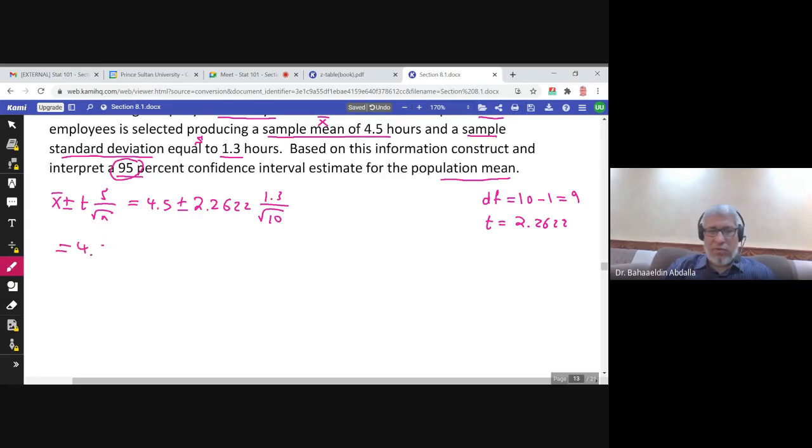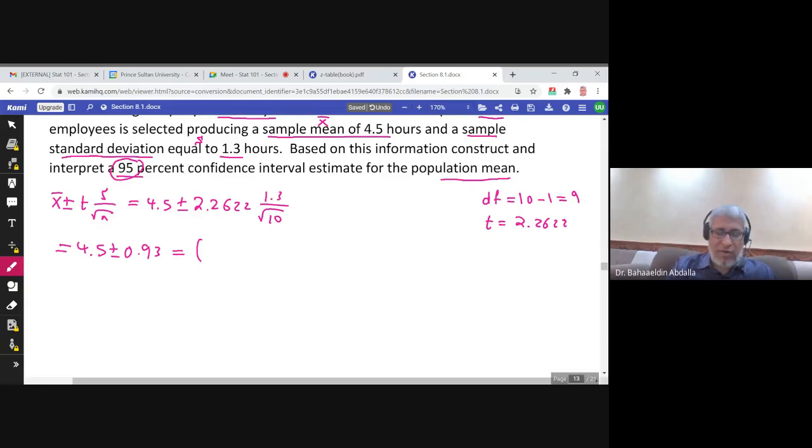So it is 4.5 plus or minus, and we can evaluate the margin of error, which is in this case 0.93. And now we can write the confidence interval.